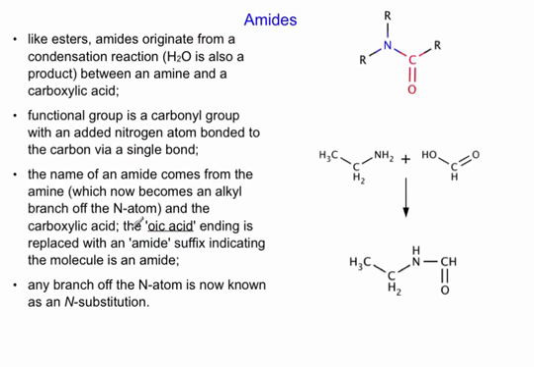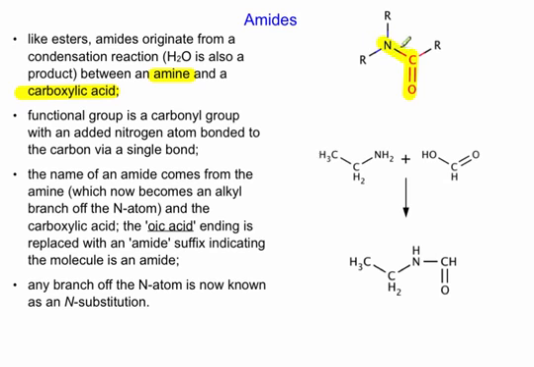So on to the amides. So amides, like esters, originate from a condensation reaction, but in this case it's between an amine and a carboxylic acid. And we can see that with the functional group. There's the C double bond O that originates with the carboxylic acid, and there's the bonded N that originates with the amine.